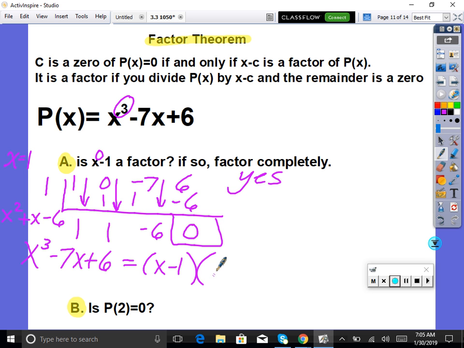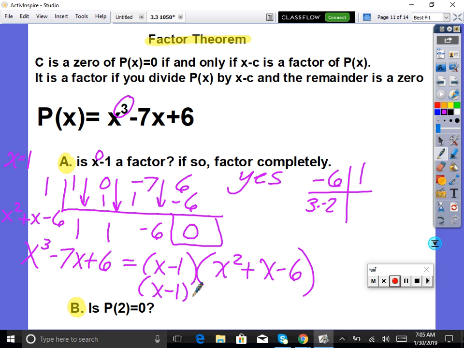So we also have x squared plus x minus 6. Isn't that a true statement right there? All right, so then from there, we would say, okay, I'm asked to factor it completely. I have a quadratic. Let's see if the quadratic factors one more time. So it multiplies to be negative 6, adds up to be 1, 3 times negative 2. It can quick factor, can't it? So we have an x minus 1, and we have an x plus 3, and an x minus 2. So we've now factored it completely.